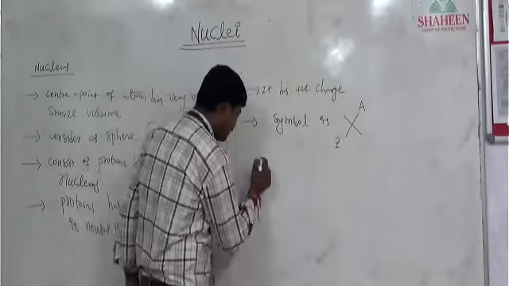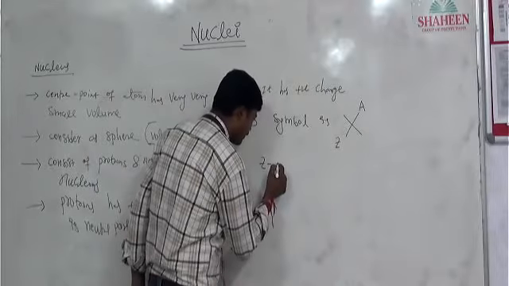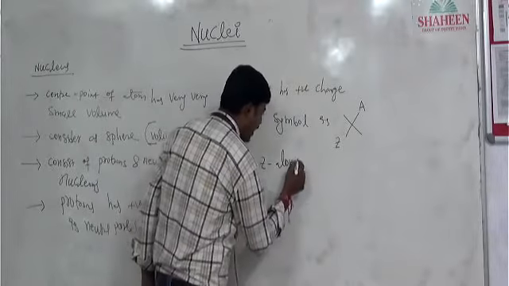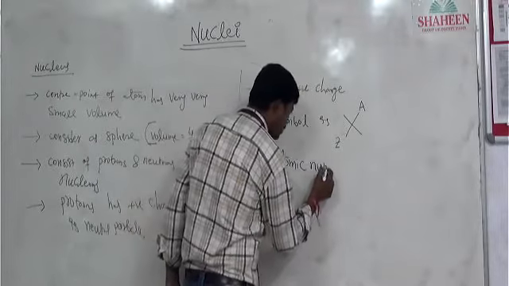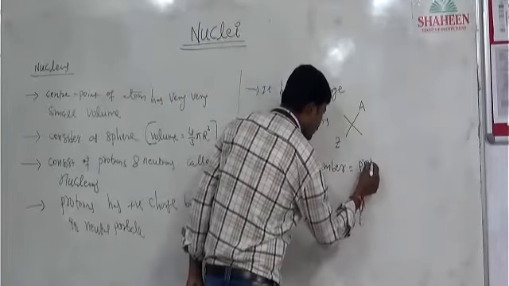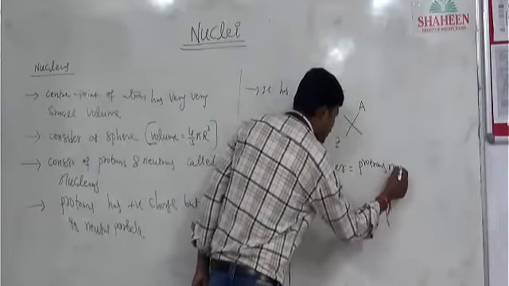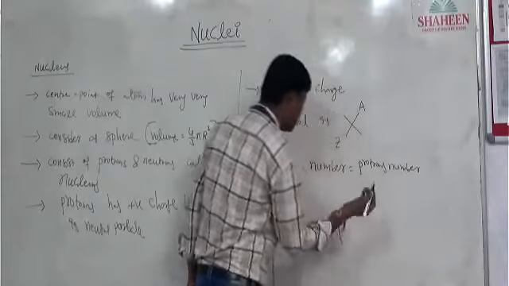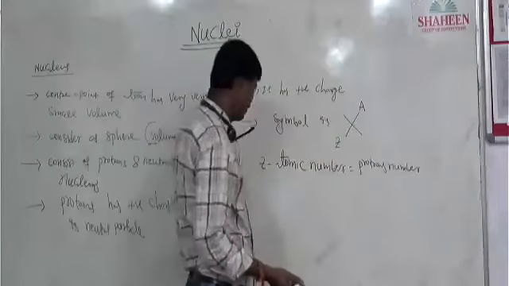So here Z represents what? Atomic number, correct? Equal to the protons number. Atomic number is nothing but the protons number only.